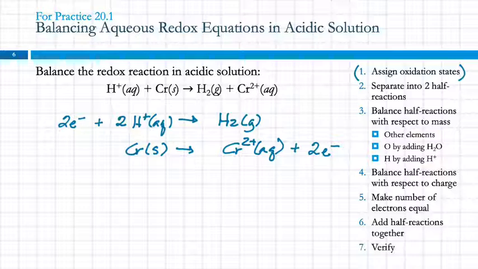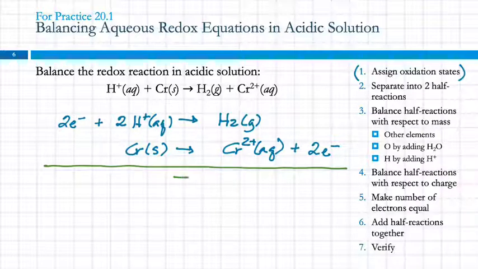So the next step, number 5, make the number of electrons equal. I've got 2 electrons here, and I have 2 electrons there. They're already equal. Good. Step 6, add the half reactions together. So I'm going to take these 2 half reactions, and I'm going to add them together. I'm going to put all the reactants together on one side, and all the products together on the other side.